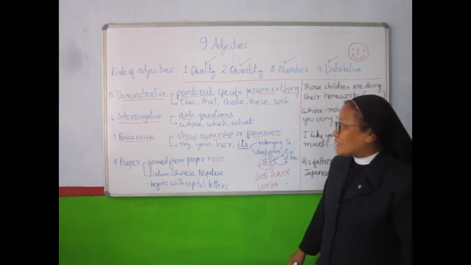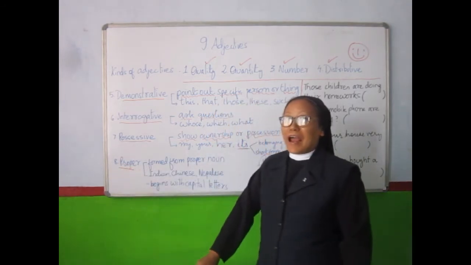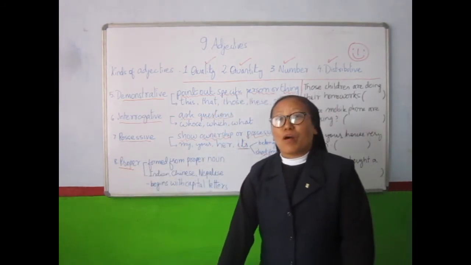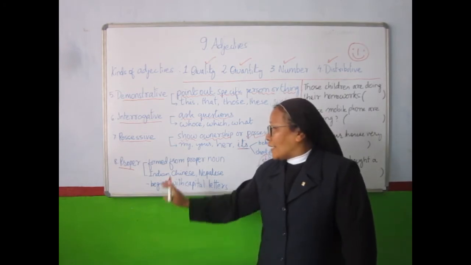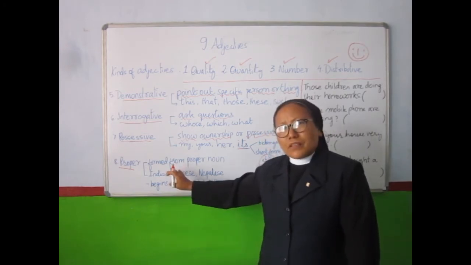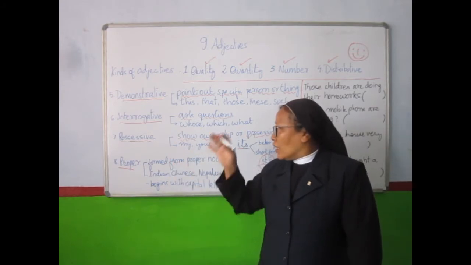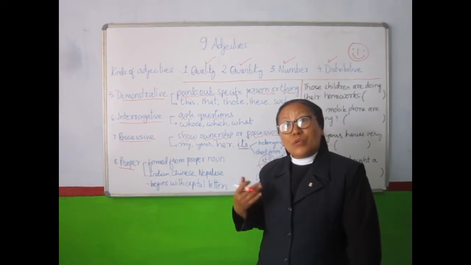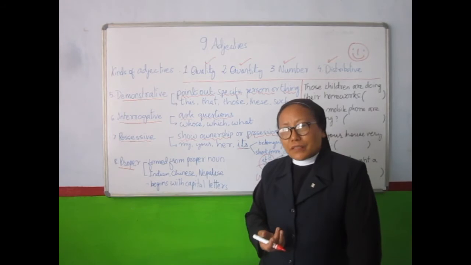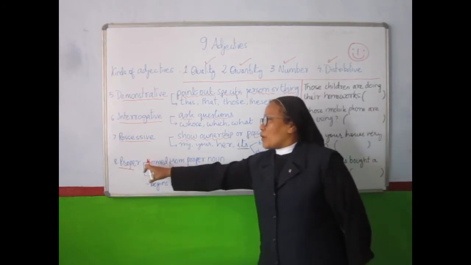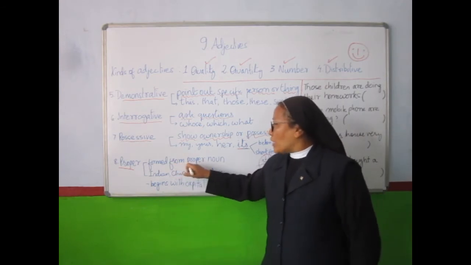Now, moving on to number 8, proper adjectives. You know proper nouns, right? A proper noun is the specific, particular name of a person or place, which we always write with a capital letter. Proper adjectives are formed from proper nouns.